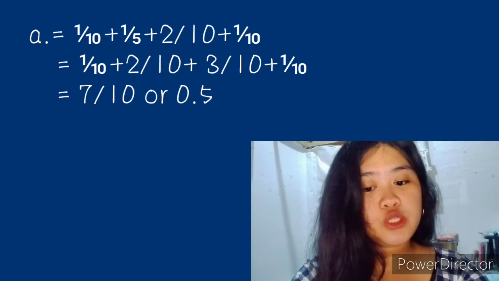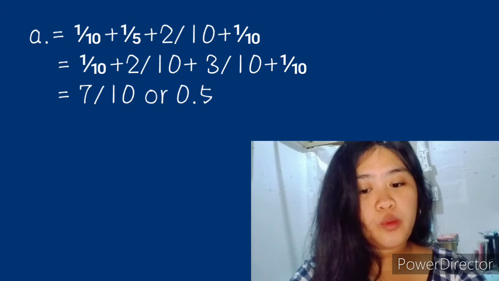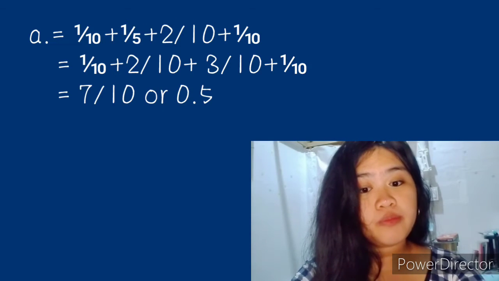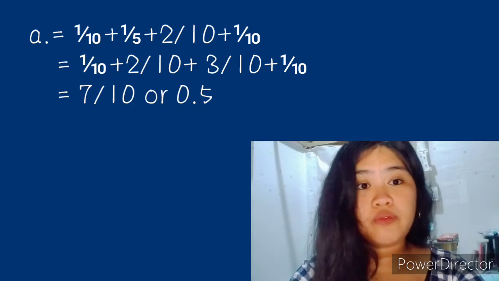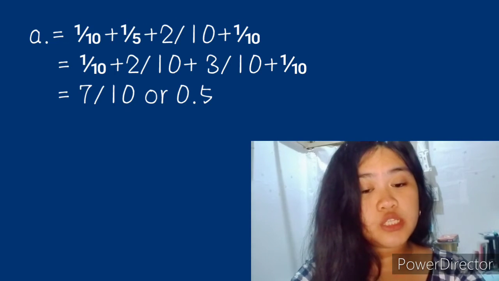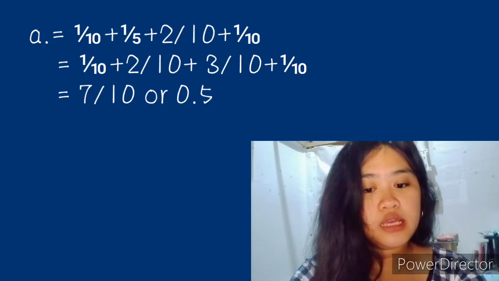Then substitute the corresponding probabilities. The 1 over 10 plus 1 over 5 plus 3 over 10 plus 1 over 10 came from the values of the probability that we have discussed before, and we just change it into the value of it. So it came like this.